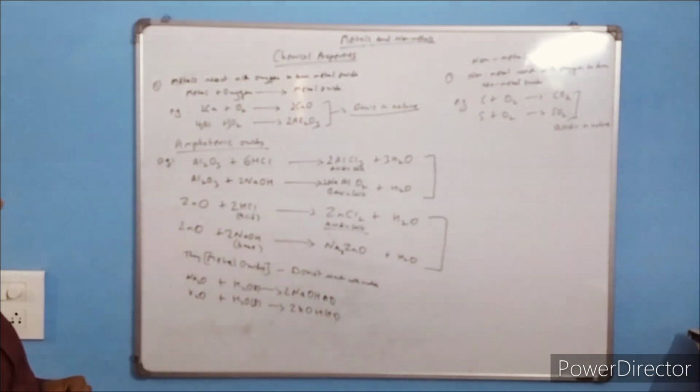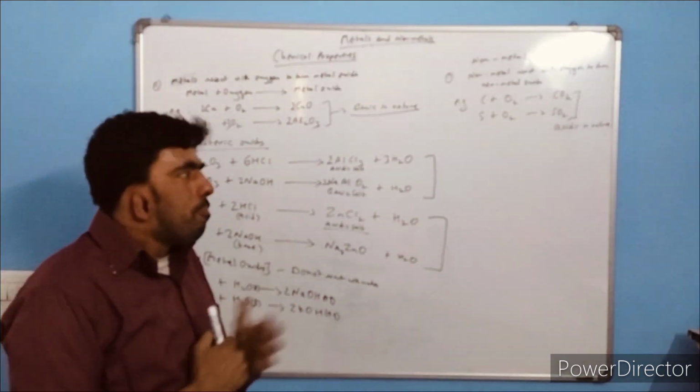Now, the second chemical property of metals is that they react with water.